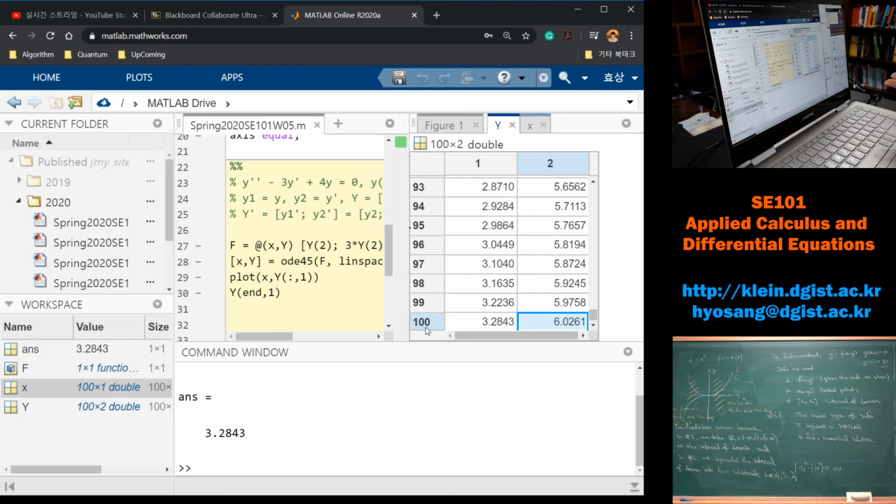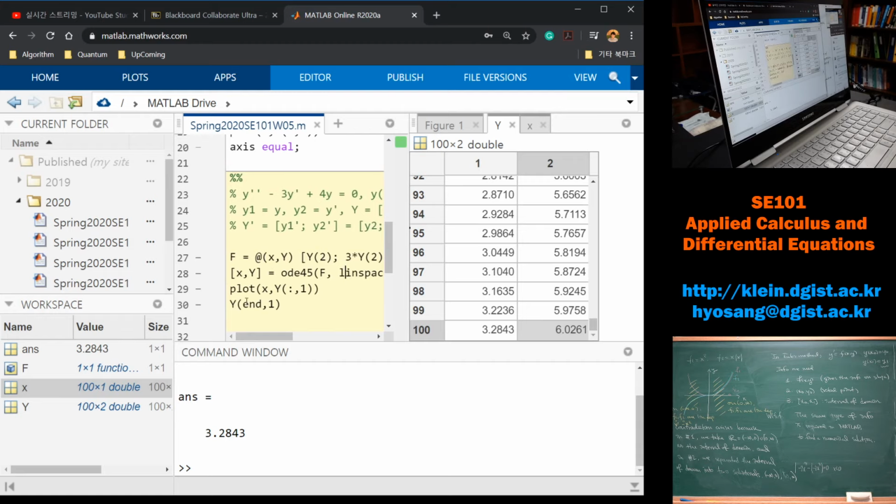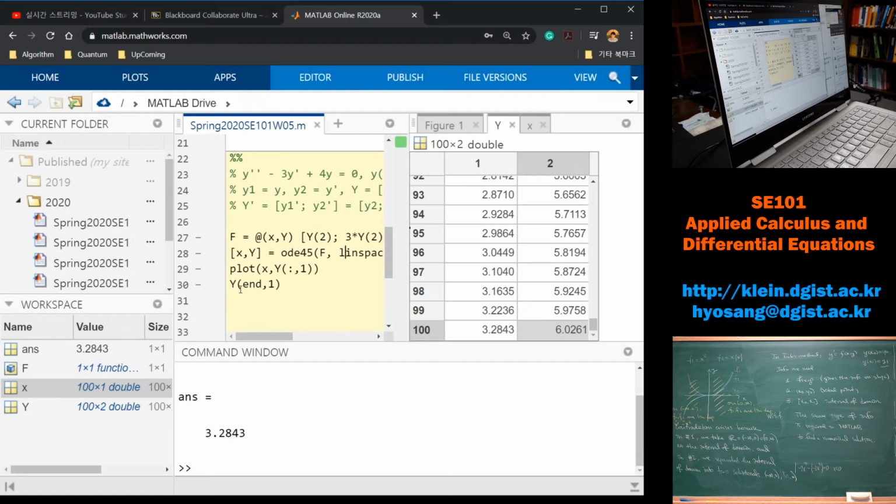So to retrieve the 100th, this 100th is the last entry, so I can simply take the end here. This is useful because I might use the size of the array x as 1,000 or 10,000, but regardless of the size of x, if I use end here, then I always take the end index of the row in that matrix.